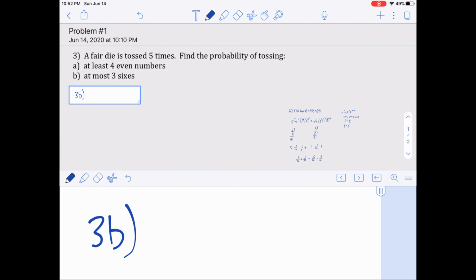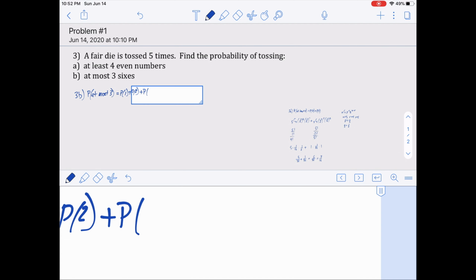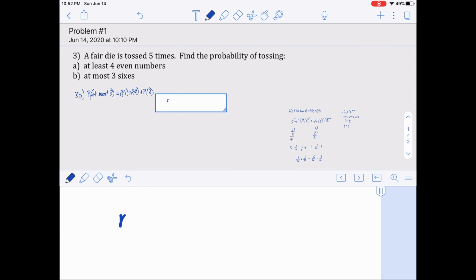So next we have 3b, which is going to be at most 3 sixes. We're going to use that probability equation again, which will give us P of at most 3 equals P1 plus P2 plus P3. And now we're going to use the nCr p to the r q to the n minus r formula again, and we're just going to do the same thing where we transpose that to these 3 probabilities over here.